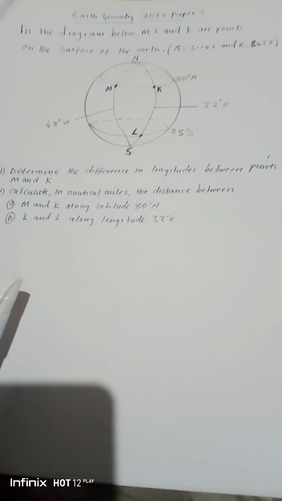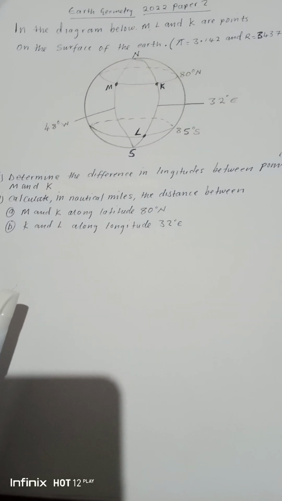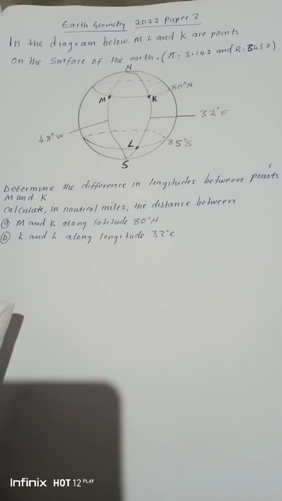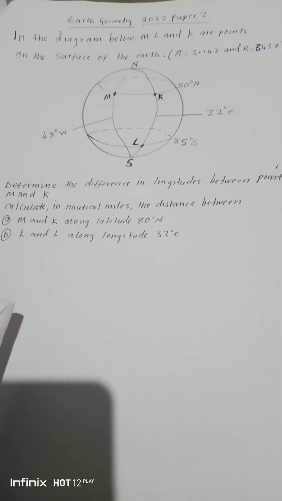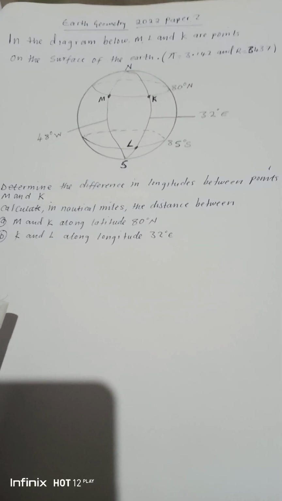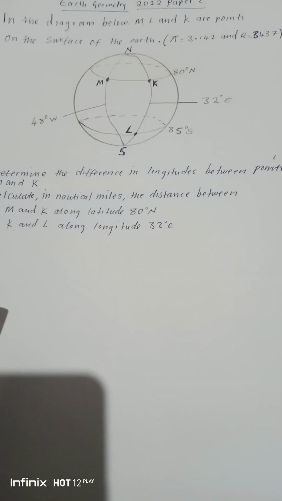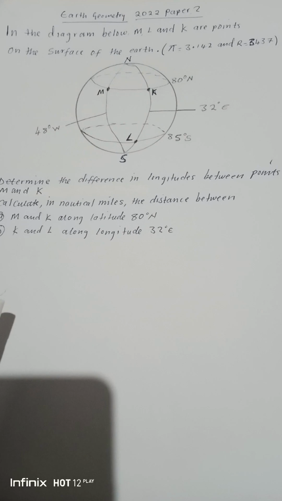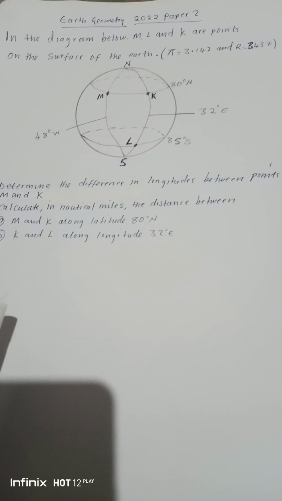You need to add the values which are given. Then if those 2 points lie on the same side, either west or east, north or south, it means you need to subtract them.